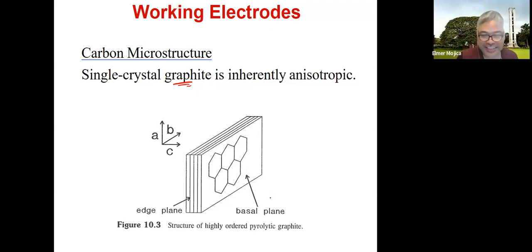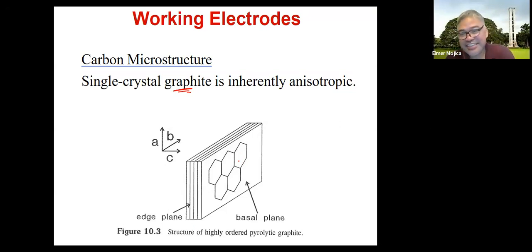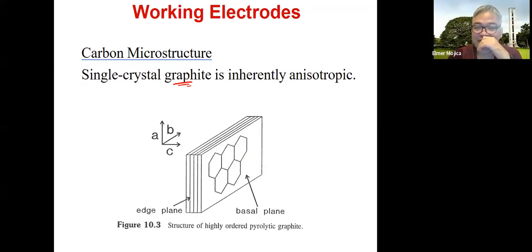So if you look at this, you have the edge plane versus the basal plane. Its property differs depending on the direction. So when you say anisotropic, these are materials whose properties are directionally dependent. They change with the direction of the object. So that is the carbon structure.